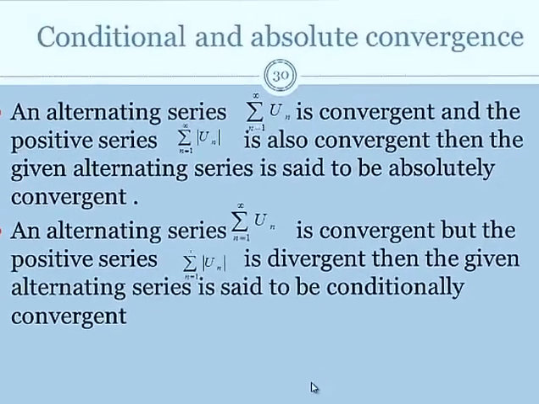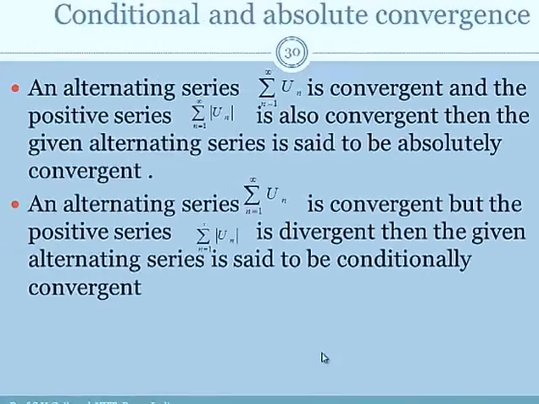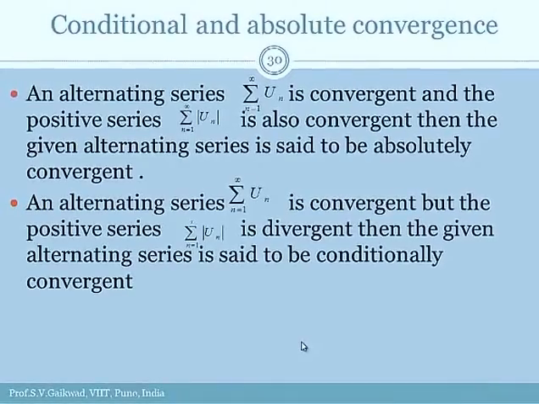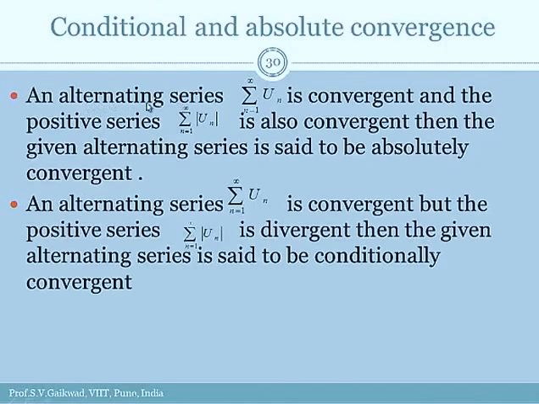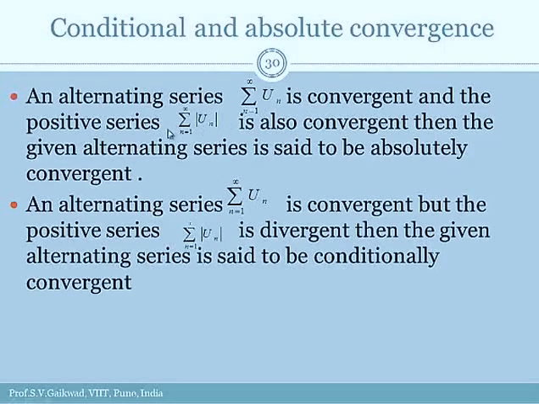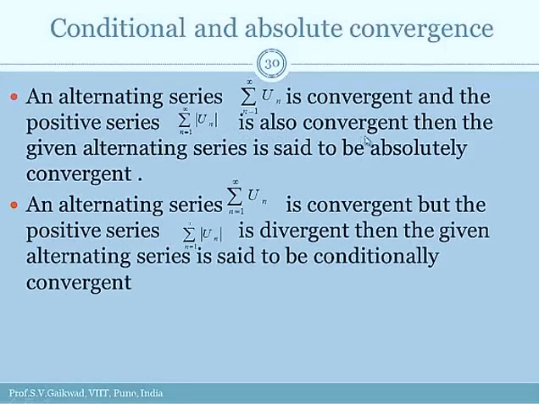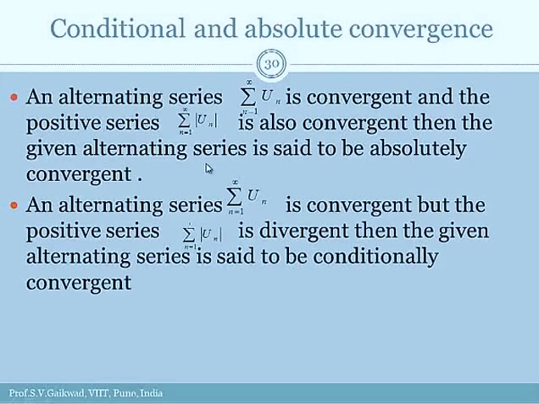Before going to those two examples, understand conditional and absolute convergence of alternating series. This is an alternating series, sigma un. If this series is convergent and its positive series, sigma mod un, is also convergent, then the given alternating series is said to be absolutely convergent.